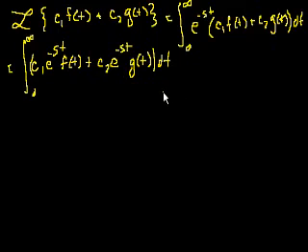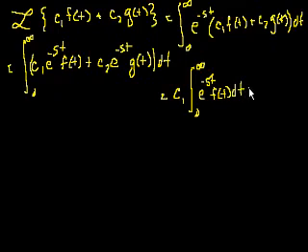So this is going to be equal to c1 times the integral from 0 to infinity of e to the minus st times f of t dt plus c2 times the integral from 0 to infinity of e to the minus st g of t dt. And this was just a very long-winded way of saying, well, what is this?